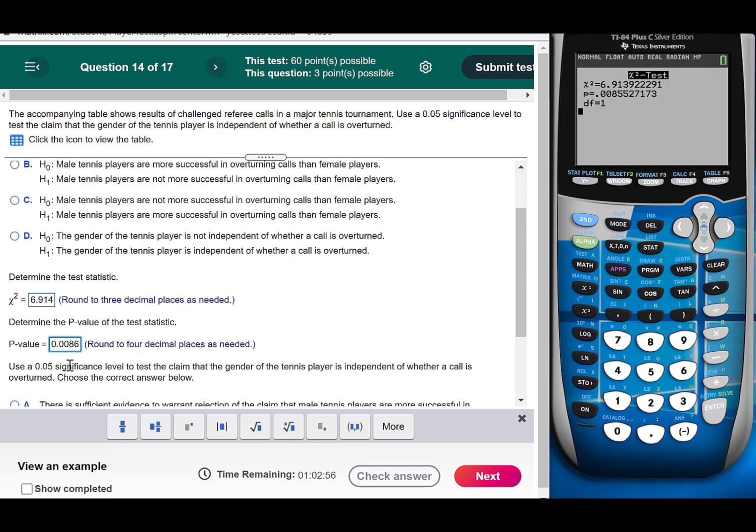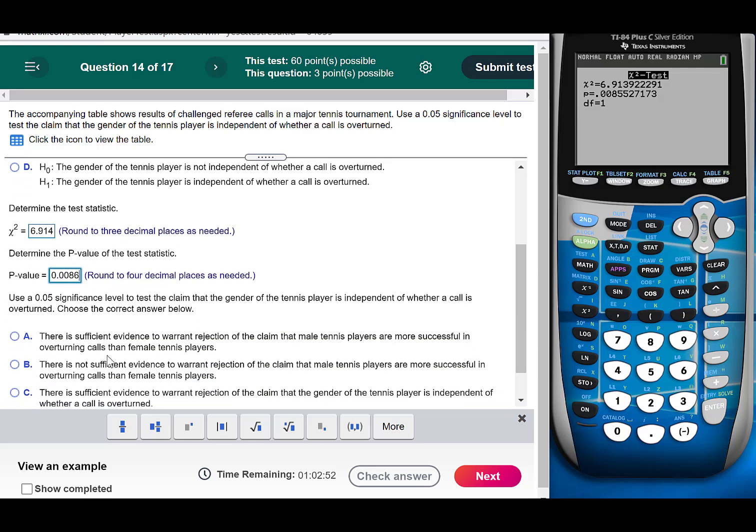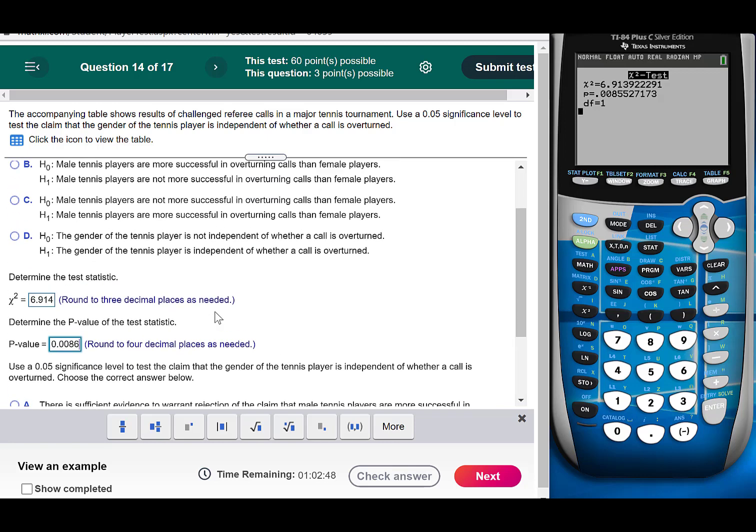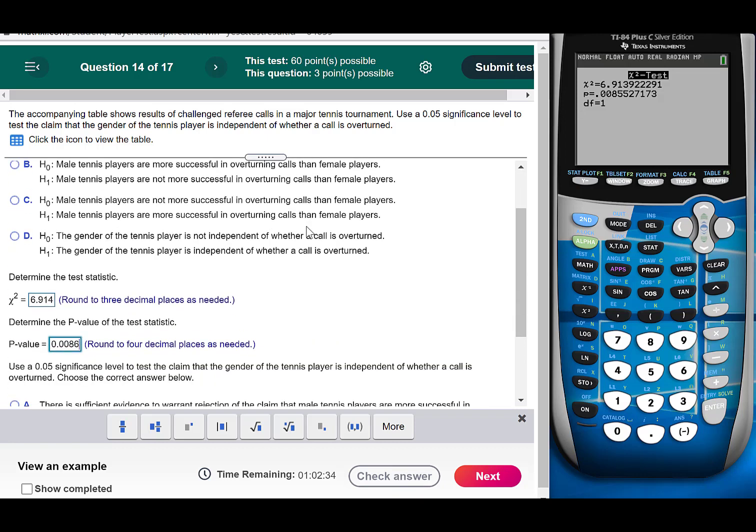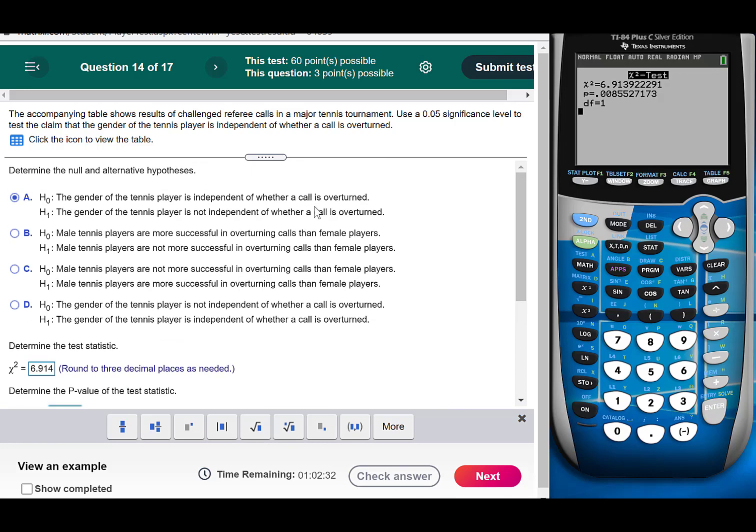And alpha is 5%. You know the p-value is less than alpha, we reject H0. And if we reject H0, we say there is enough evidence to warrant rejection of the claim that the gender of the tennis player is independent of whether a call is overturned.